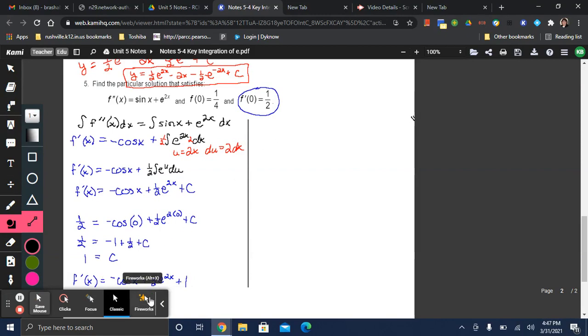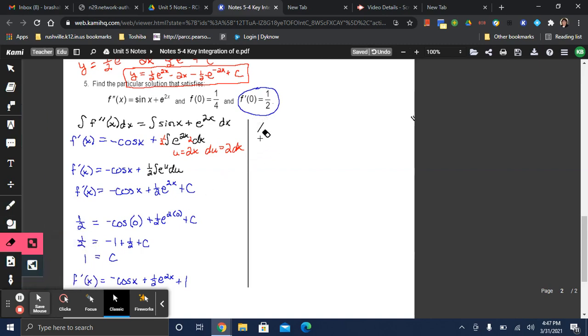We had finished finding f prime of x, and now we are moving on to finding f of x. So we'll need to integrate on both sides. We'll do the integral of f prime of x, so the antiderivative of f prime of x dx, and then the antiderivative of the other side.